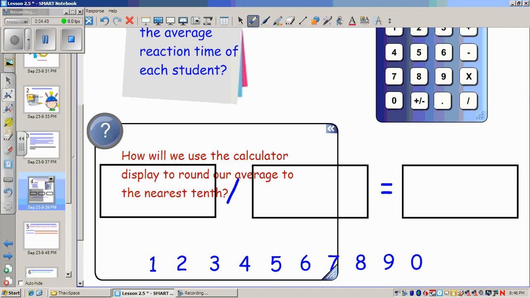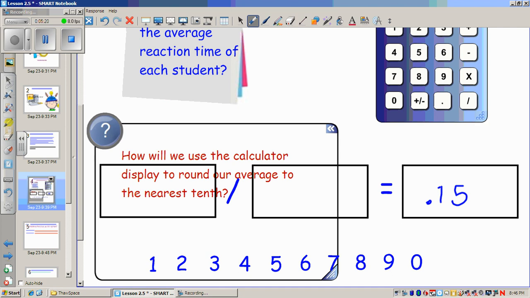So for instance, let's say our mean reaction time was 0.15. Okay. So let's say 0.15 was our average. So if 0.15 was our average and that's what we divided and we got 29, then we wouldn't necessarily have to round that to the nearest tenth.